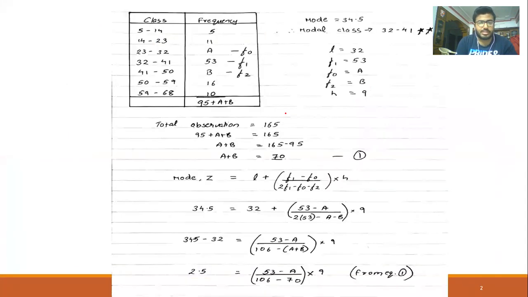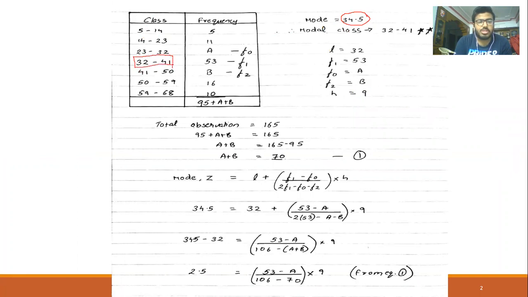Looking into the answer, the most important thing is that the mode is given as 34.5. Look, 34.5 comes between which classes? It is coming in between 32 and 41.